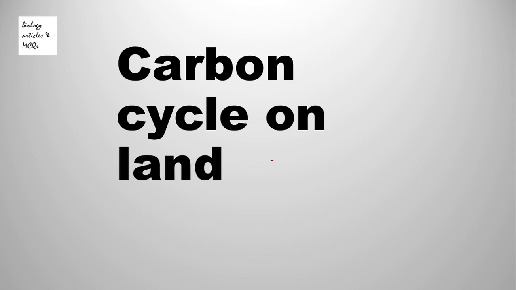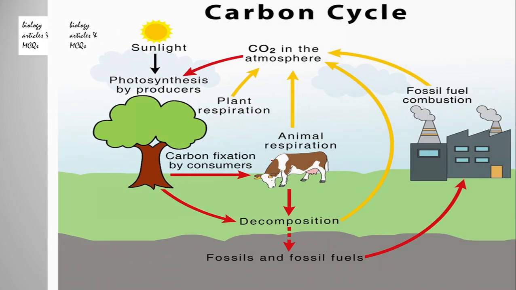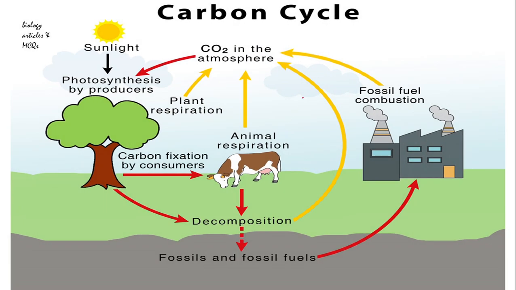First of all, we will discuss how the carbon will transform on land in different forms. Here is the simplest carbon cycle that is drawn. So starting from the carbon dioxide that is present in the atmosphere, I have told you that in the atmosphere carbon is present in the form of carbon dioxide.